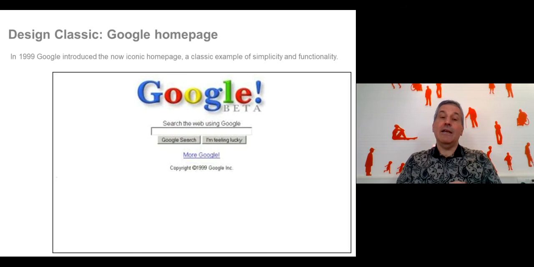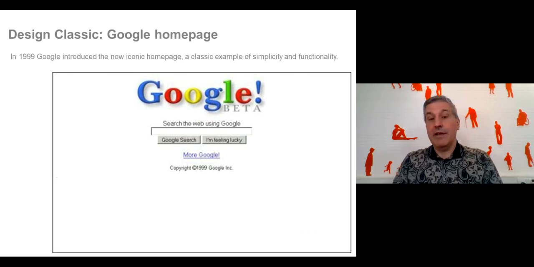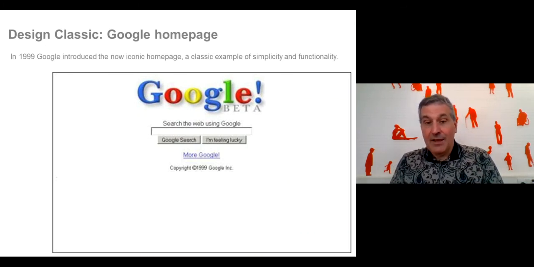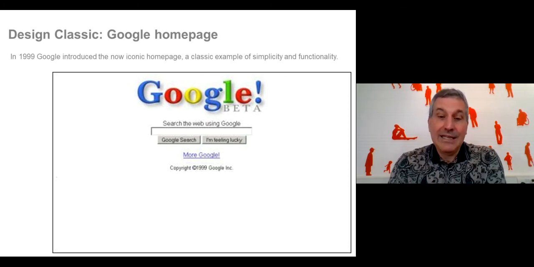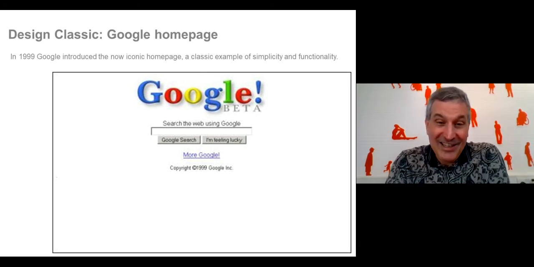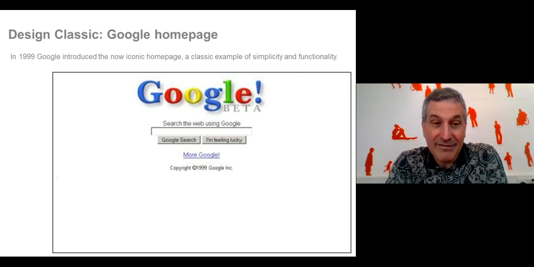And finally, as another design classic, we have Google. What you're seeing here on this slide is the original Google homepage from 1999, the beta version when it first went live.